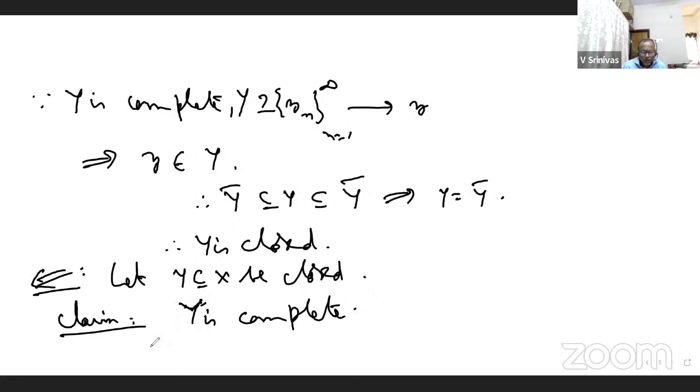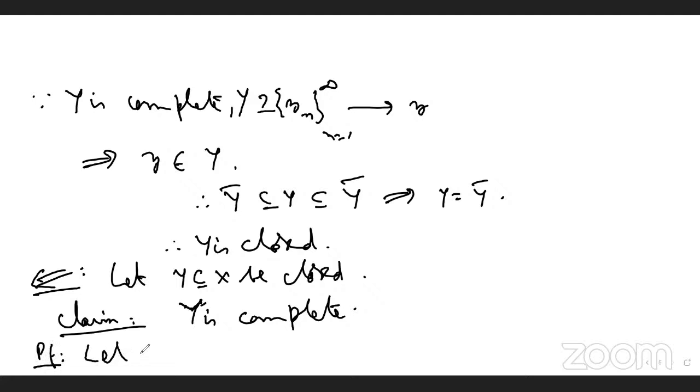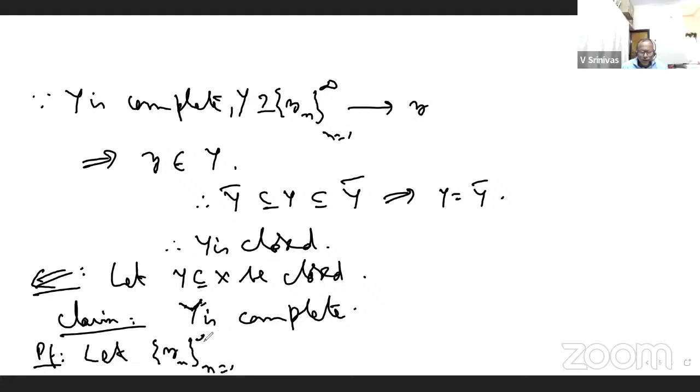So let Yn, where n equals 1 to infinity, contained in Y be Cauchy. You take a general Cauchy sequence in capital Y, and show that it converges to a limit in capital Y. That's what you have to show for proving completeness.